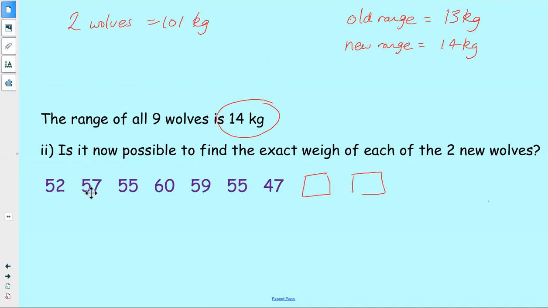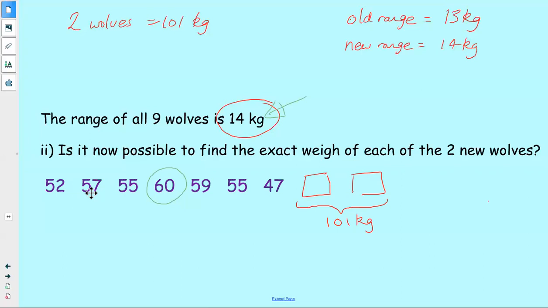These 2 together make an answer of 101. So the heaviest one prior to the 2 new wolves being added was 60. And you know that the new range is now 14.